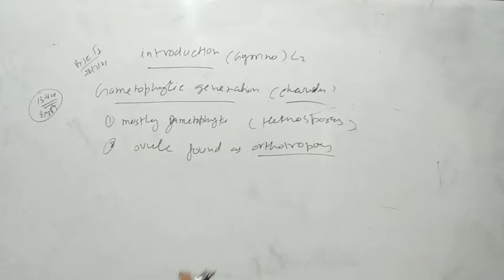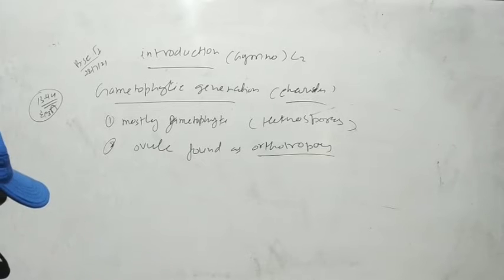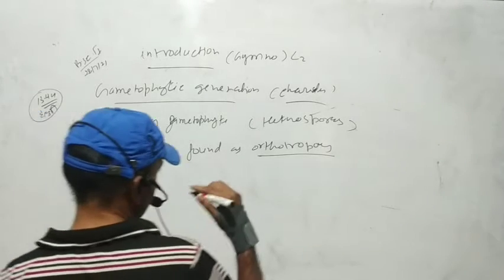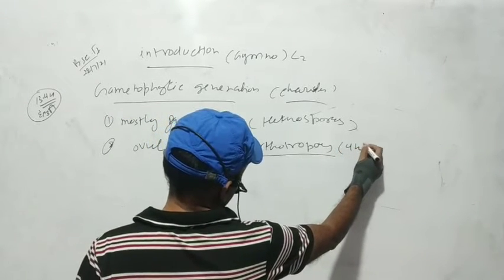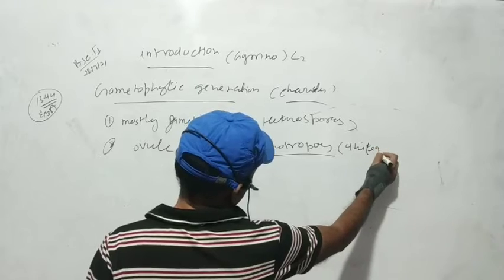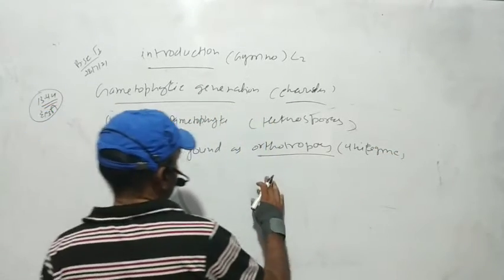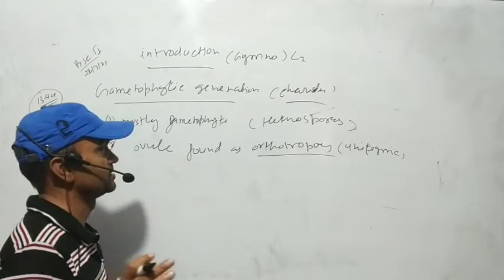The ovule found in gymnosperms is orthotropous, and a special character is that it is unitegmic. What orthotropous means, you already studied in previous classes.